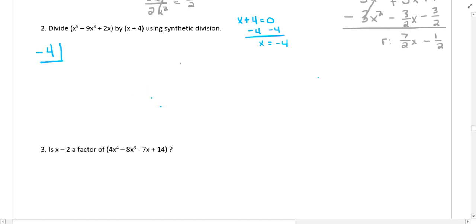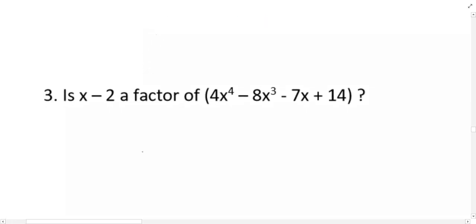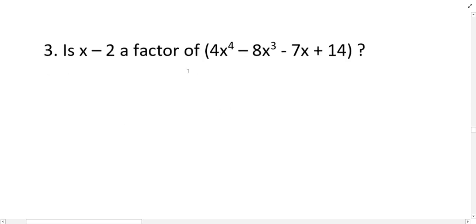Trying to get that control off of there, but for some reason, it does not want to go. Okay. Then what we're going to do is we're going to set this up to divide. Before I do that, though, I need to add in some zeros here because it looks like I'm missing some stuff. So I've got an x to the 5th. I am missing an x to the 4th, so I'm going to put a 0, x to the 4th. Then I've got a minus 9x cubed. Let me zoom out.